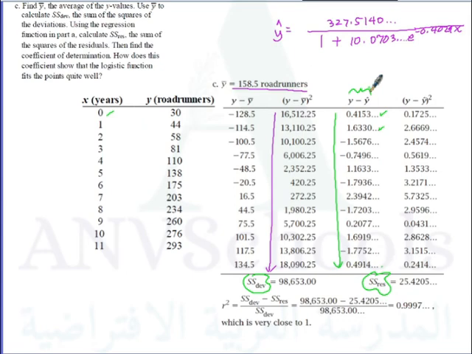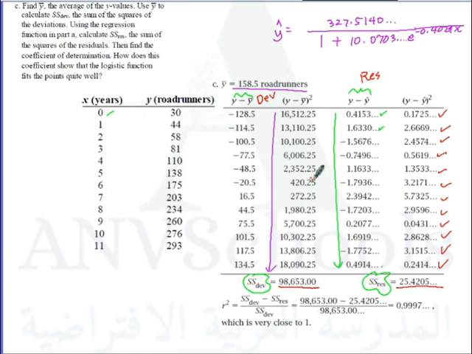This is the deviation, and this is the residual. If you square the residuals, these are the squares. And if you get the sum of the squares of the residuals, this would be the sum of the squares of the residuals. This is the sum of the squares of the deviations.